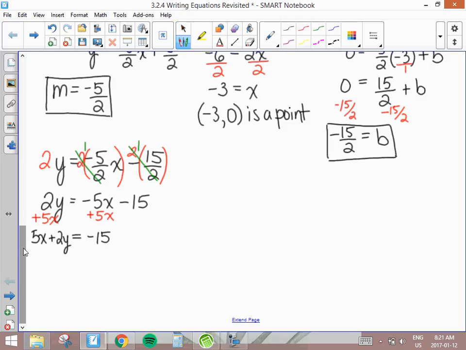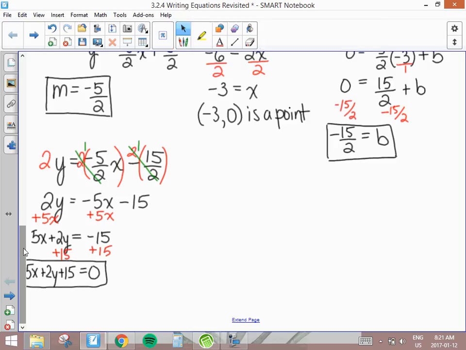And then to make it equal 0, I'll add 15 to both sides. And that is our final answer there. I've got the x, the y, and the plain old number all by itself equals 0 on the other side. I've got the x coming first, then the y, then the number, and I've got a positive number in front of the x, no fractions.